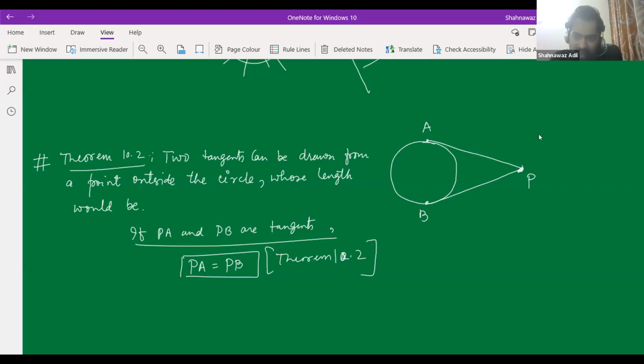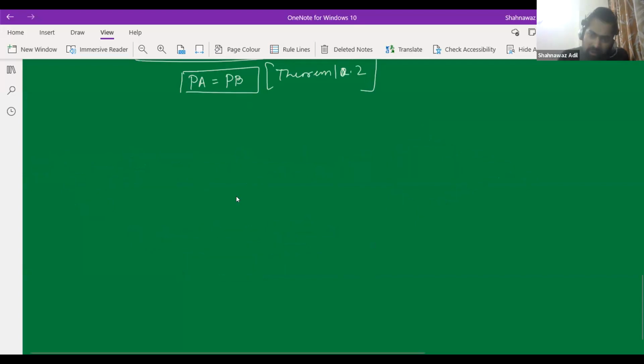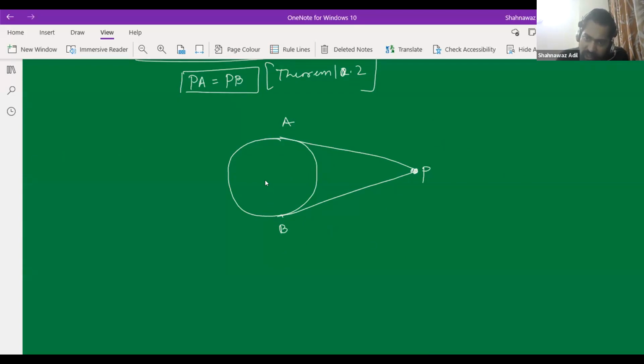So now let us derive this. How come they are equal? Let us understand. We have this point P, this is the point of contact, and let's say this is the center that we have.